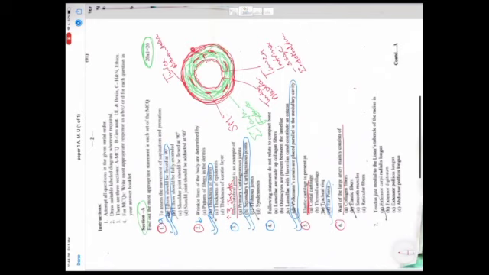Such a vessel which supplies blood to the large artery is called vasa vasorum, right?